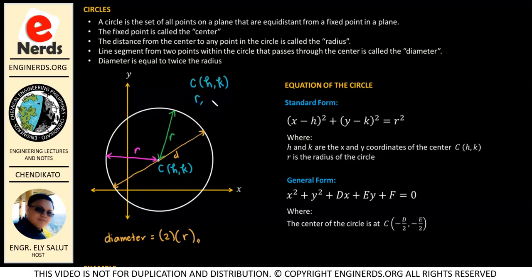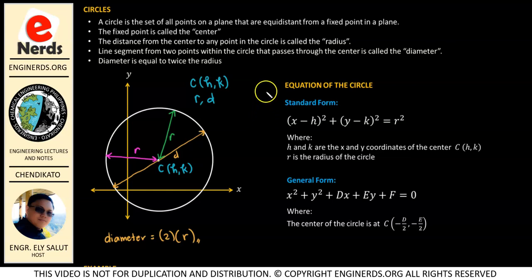And we have the diameter, which is equal to twice the radius. The diameter is a line segment from 2 points within the circle that passes through the center. Yan ang tinatawag nating diameter. Yan yung mga tatandaan natin about sa circle.